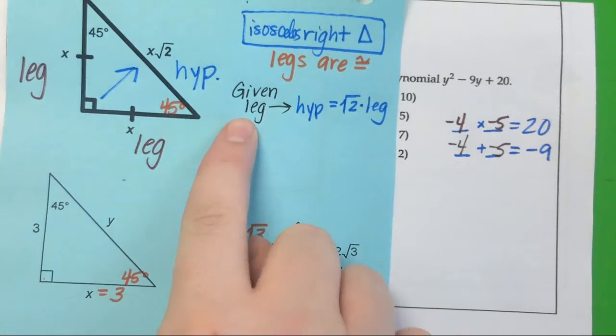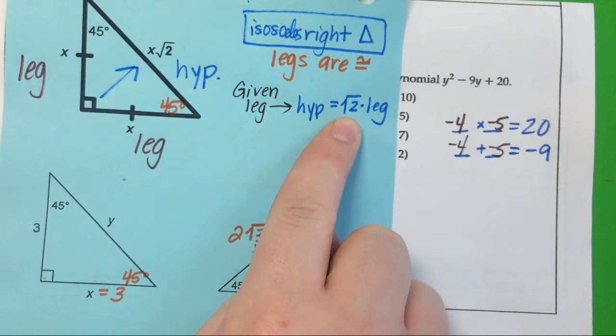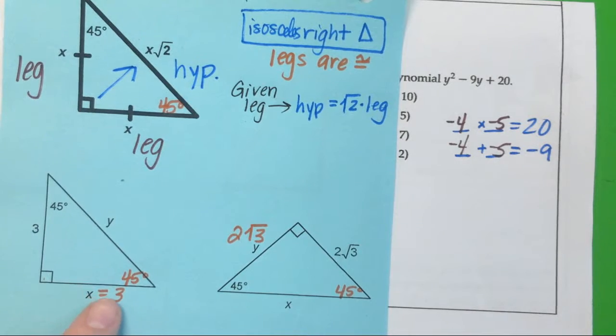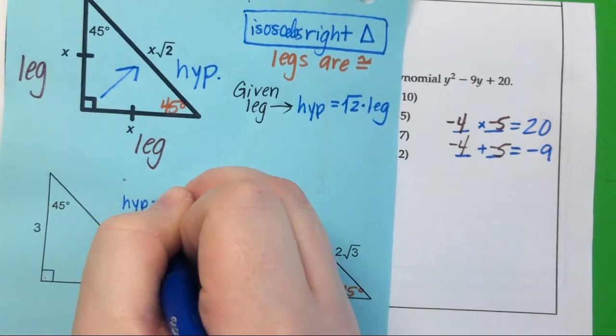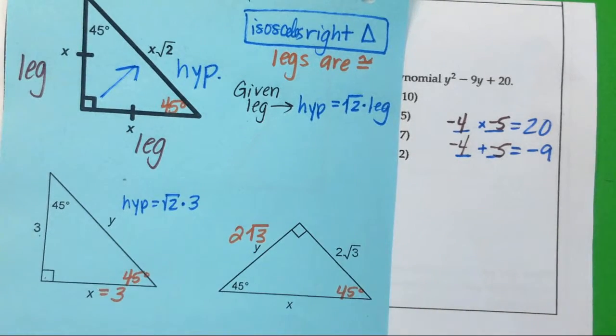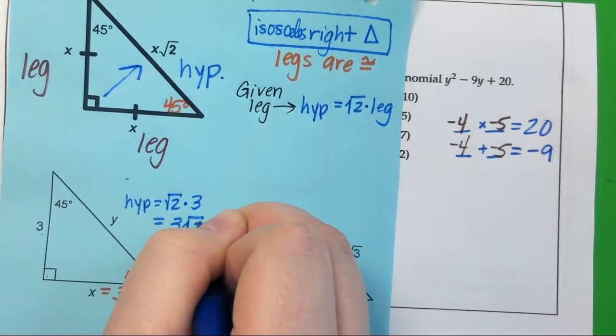So if you're given a leg, to figure out the hypotenuse, you multiply your number by the square root of 2. So for instance, on my example here, for this hypotenuse, I'm going to do square root of 2 times my leg. Well, my leg is 3. So my hypotenuse is really 3 square roots of 2.